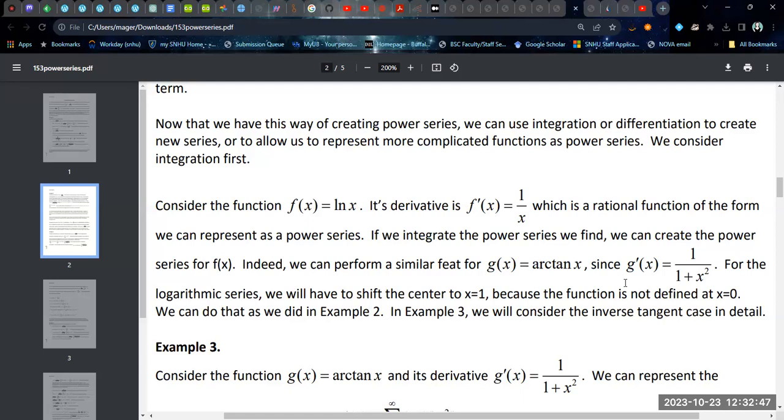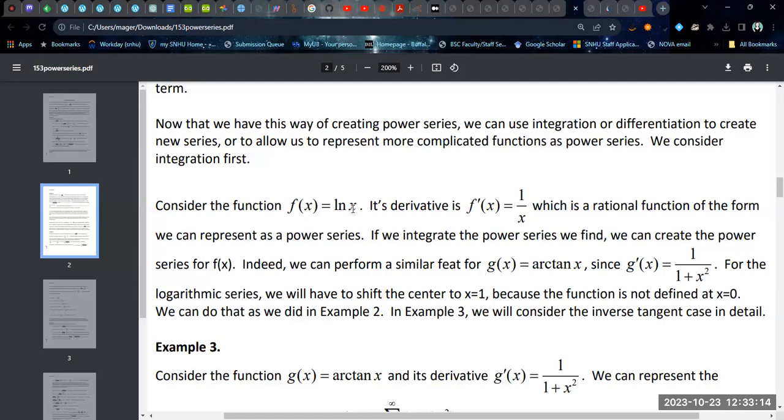Both of these are rational expressions, and that means we can use our power series formula to write a power series for their derivatives. Once we find the power series for their derivatives, we can then integrate that result, do the antiderivative, in order to obtain a power series for the original function.